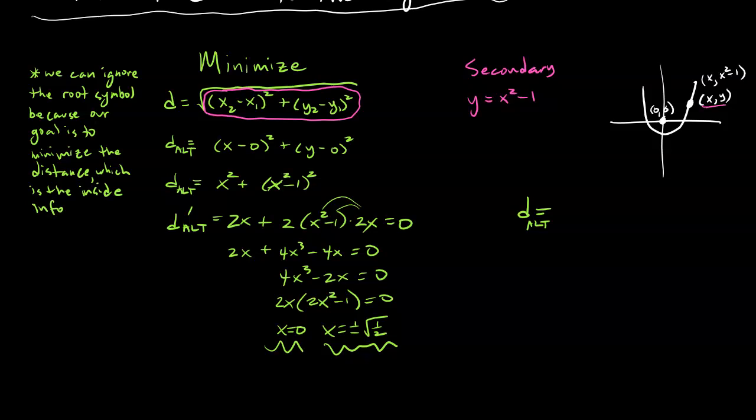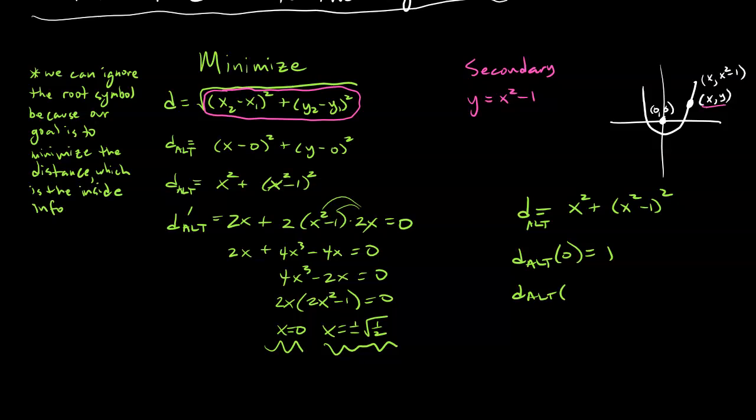So the alternate distance equation was x squared plus x squared minus 1 squared. I'm going to plug in 0 first, and I would get 0 plus negative 1 squared. I'd have a distance of 1.